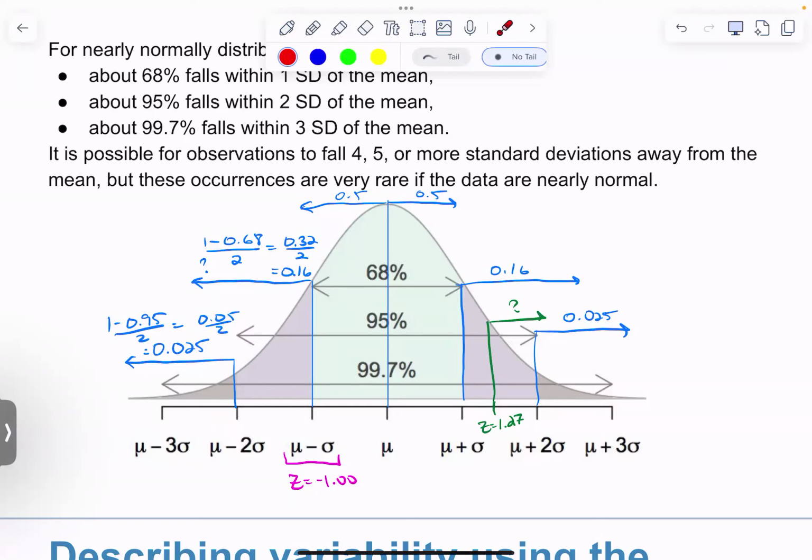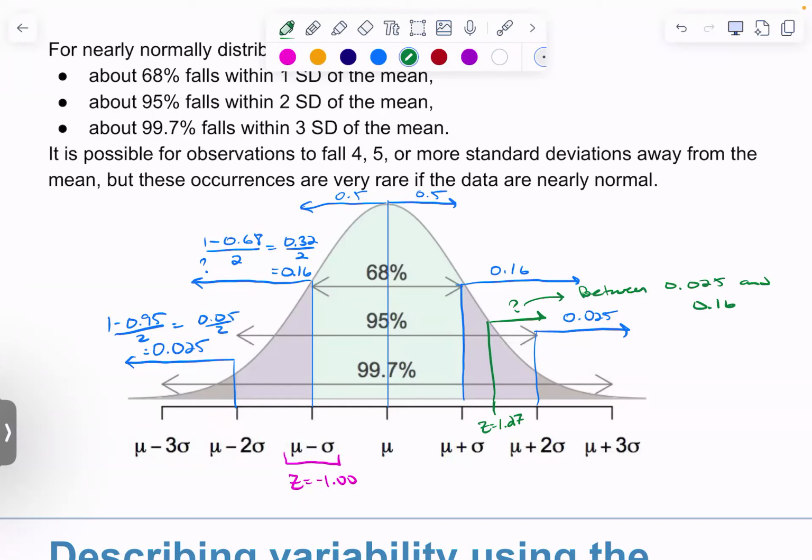That's kind of a wide range. That's why we want to have software or the tables so that we can tighten that up. Right. So that area is somewhere between 0.025 and 0.16. Not very helpful, right? So the tables just help us get a little bit tighter on that. Kind of a big range.